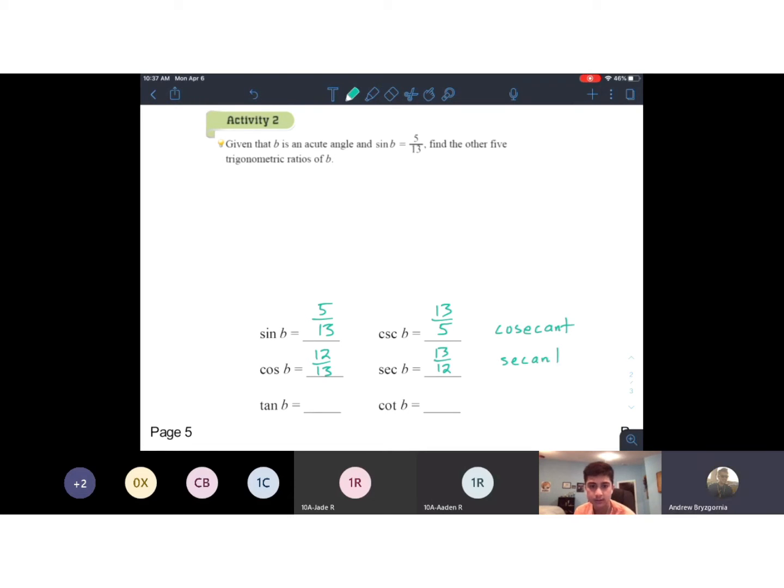And then just as a reminder, everybody, secant is SEC. Okay, so then now we just have to do tangent and cotangent. Five over 12. Yep, 5 over 12 for tangent. And we know the reciprocal, 12 over 5 for cotangent.